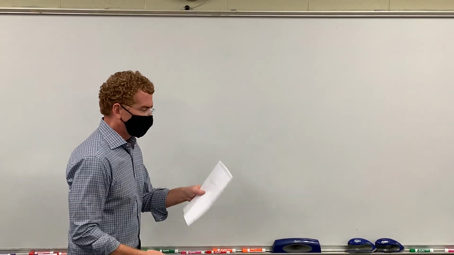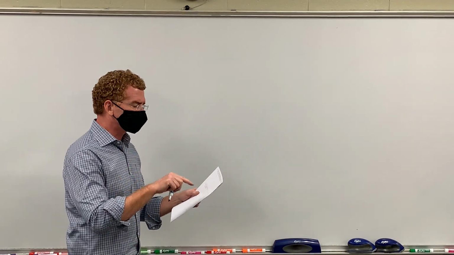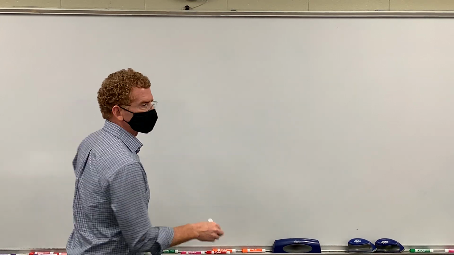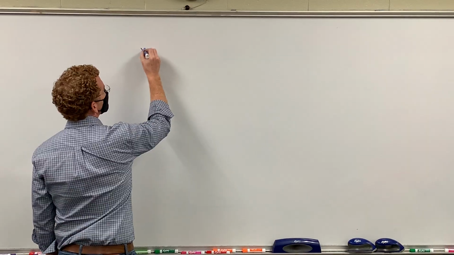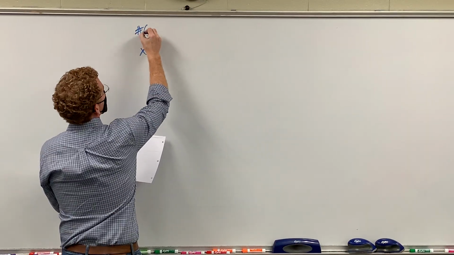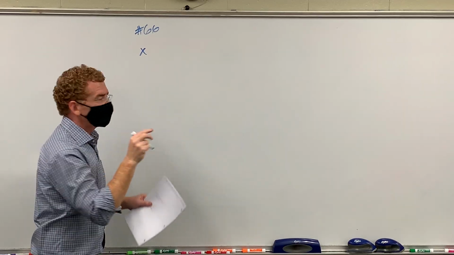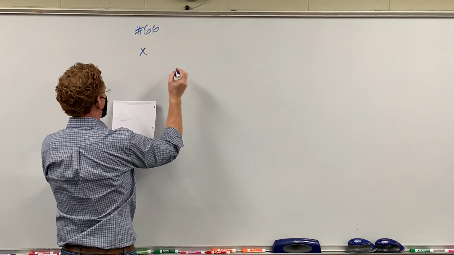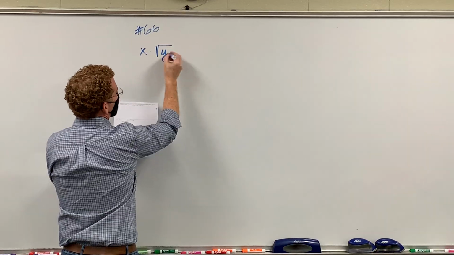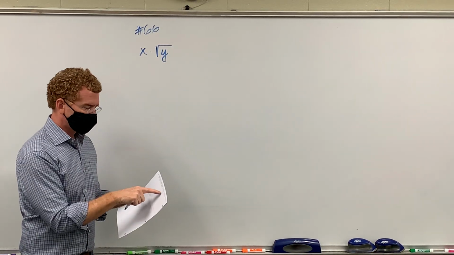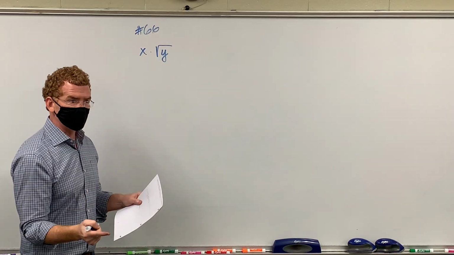But here we go. It says x is inversely related to the square root of y. What does inversely mean? This was number 66. Inversely means divide. X is inversely related to the square root of y. But also x is jointly related.